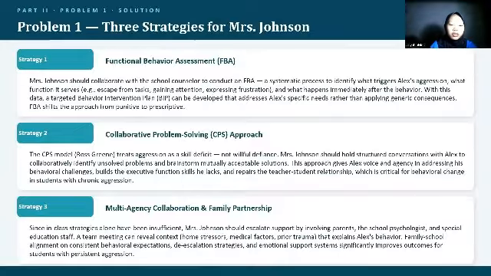A team meeting can reveal context, home stories, medical factors, or trauma that explain Alex's behaviors. Family-school alignment on consistent behavior expectations, the escalation strategies, and emotional support systems significantly improves outcomes for students with persistent aggression.